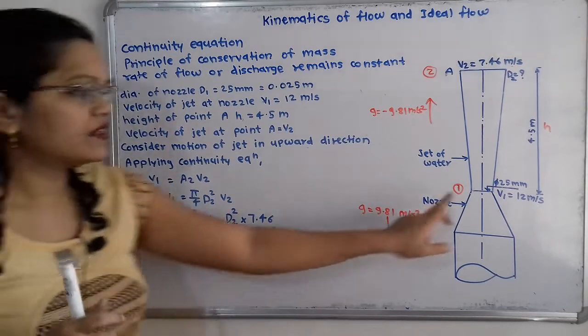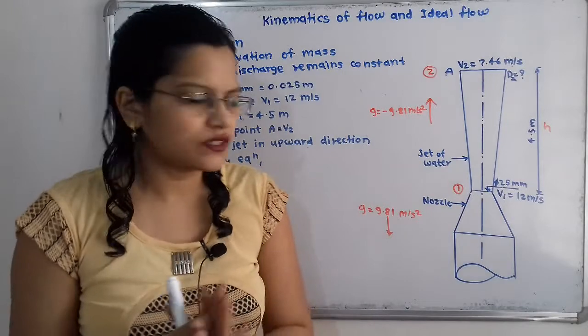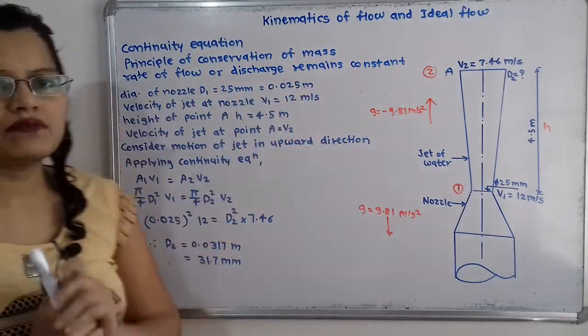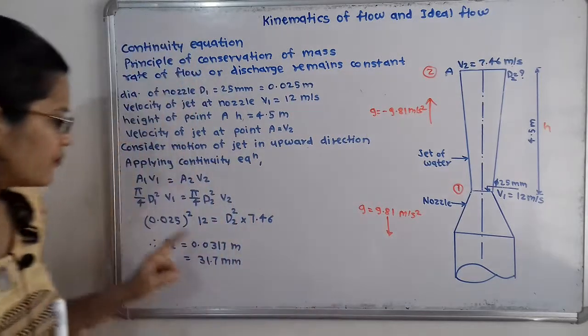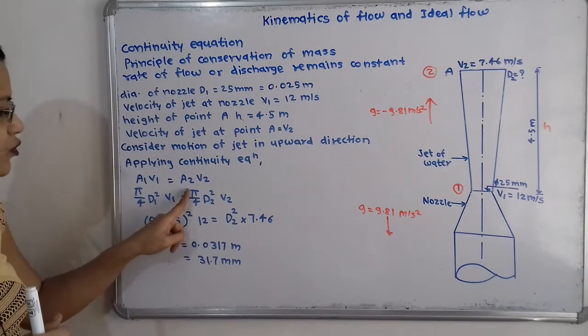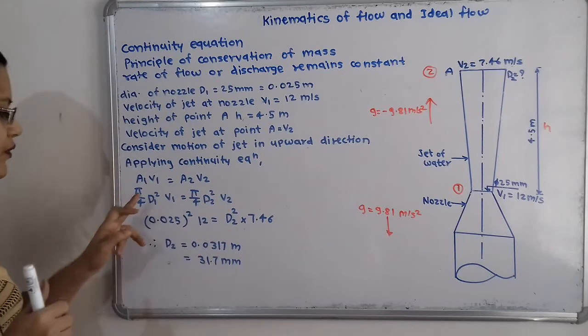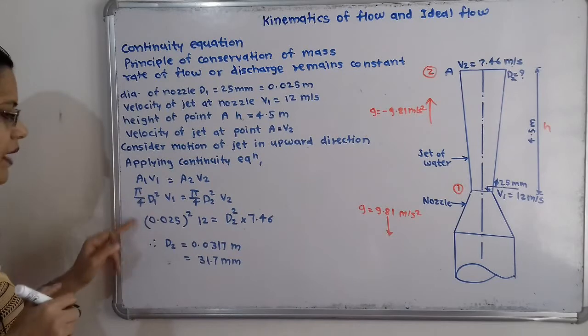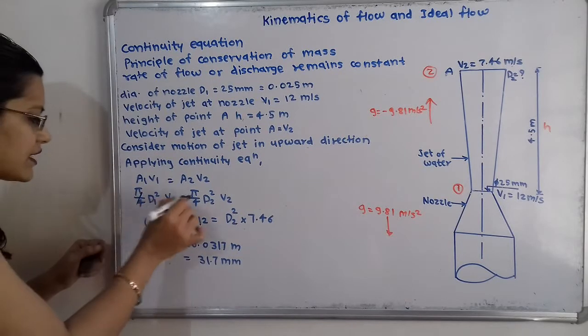Now what is A1? That is pi by 4 D1 square, and D1 is given, so we will take the value in meter, that is the standard value. So pi by 4 D1 square V1 is equal to pi by 4 D2 square V2. If we observe this equation, pi by 4 is common, so it gets cancelled.